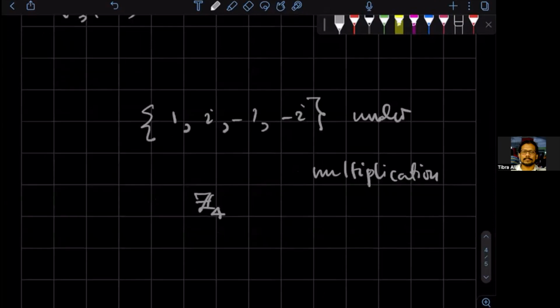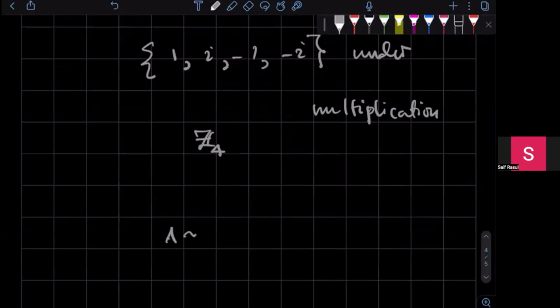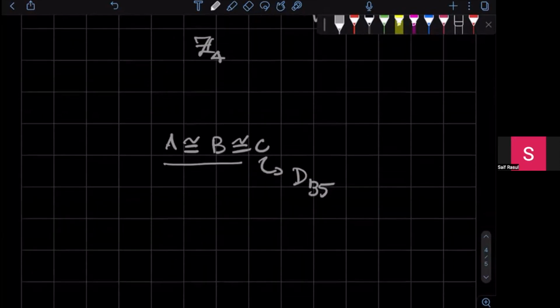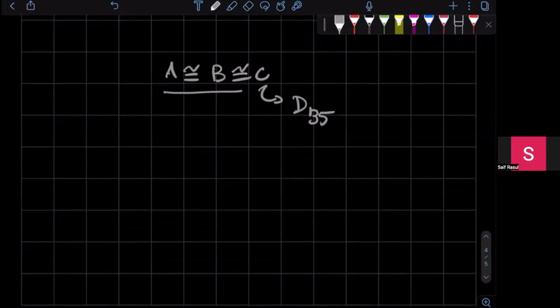If you have A isomorphic to B, isomorphic to C, and you find C to be some known group, say D35, then you have shown that all of these are D35, right? Yeah. Okay, so any other questions or comments?